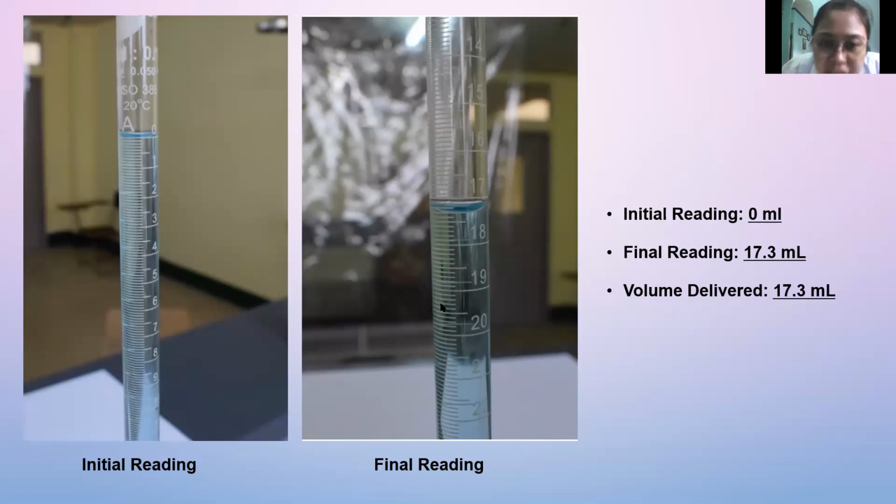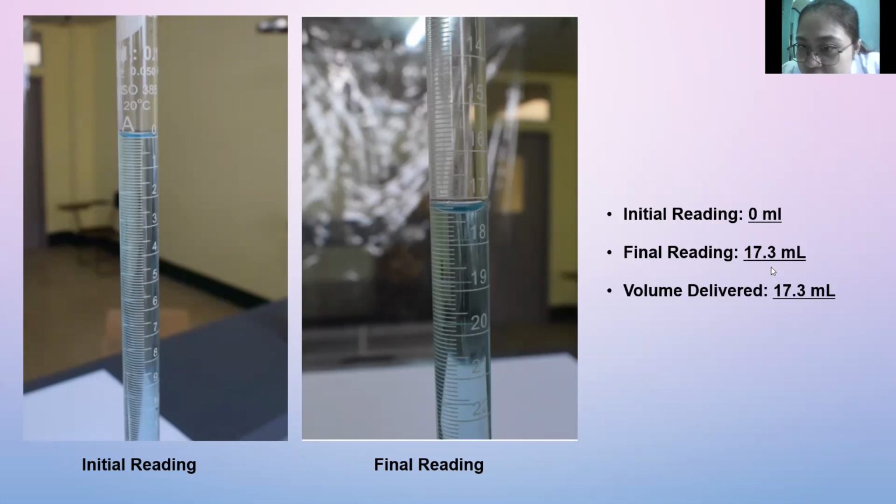Now, for the final reading, so take note of the meniscus. This is take note, diri sa to sa 18 ha, natay 1, 2, 3, 4, 5, 6, 7, 8, 9, and then 10. Bale, this one is 0.1, 0.2, 0.3 hangtod sa 0.9. So kung gikan siya sa 17, we have 17.1, 17.2, and then the lower meniscus is naa sa 17.3.